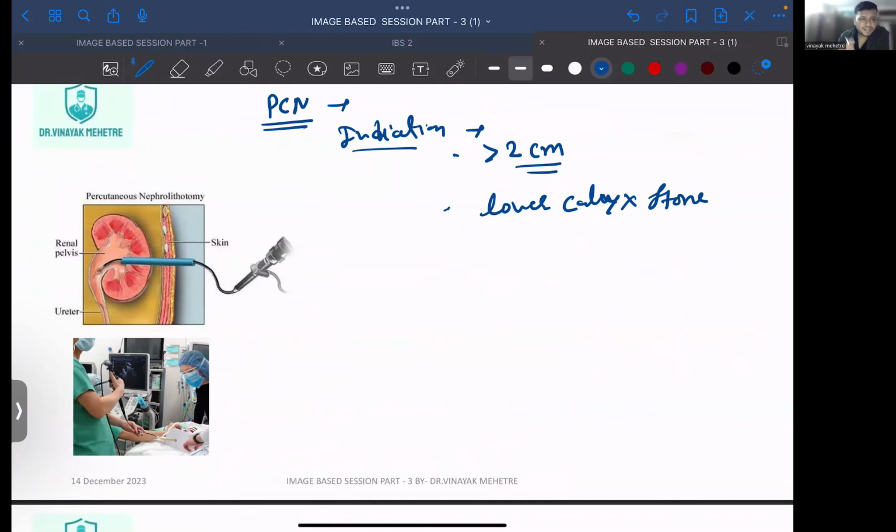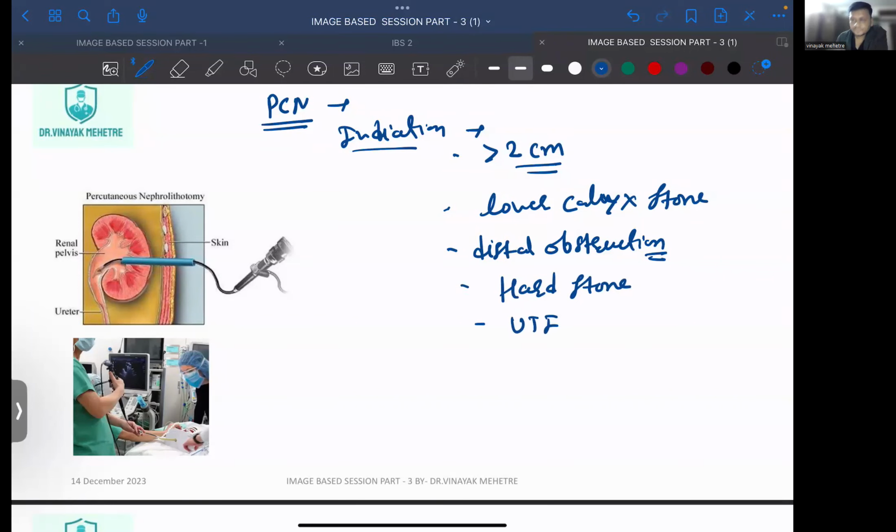Okay, so any stone which is actually going to impact on the ureter will also be removed by PCNL. Percutaneous nephrolithotomy. In short, we are going to insert a probe, right? Distal obstruction. Then comes hard stones. Patient is with UTI. These are the indications for PCNL.